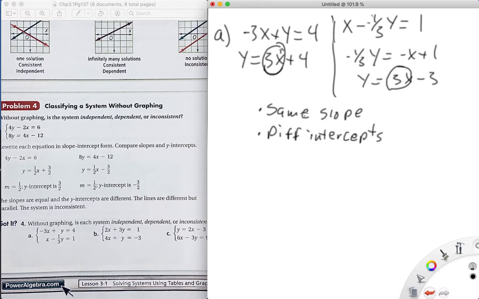When they have the same slope and different intercepts, same slopes means that they're never going to intersect because their slopes are identical. So that means parallel lines. And since they're parallel lines, that means that they are inconsistent. Same slope, different y-intercepts, parallel lines, inconsistent.